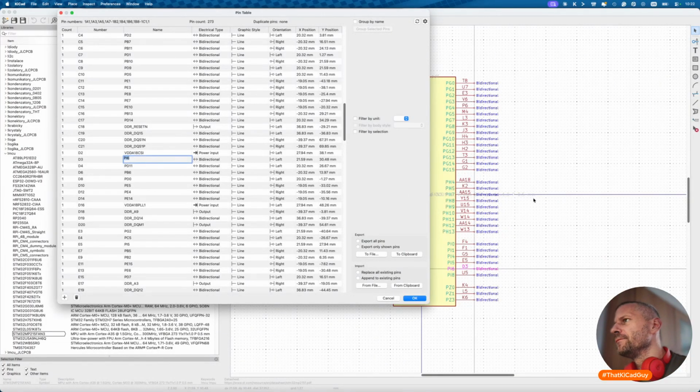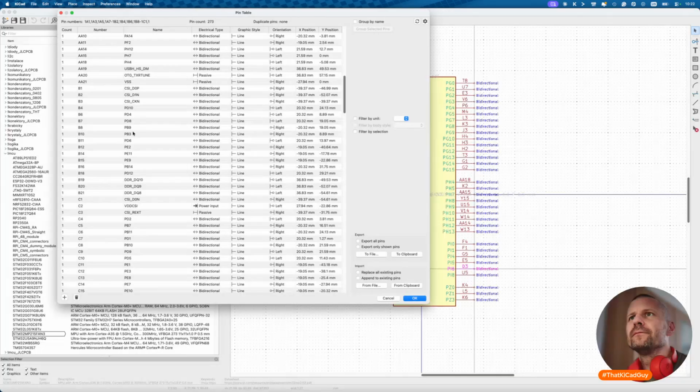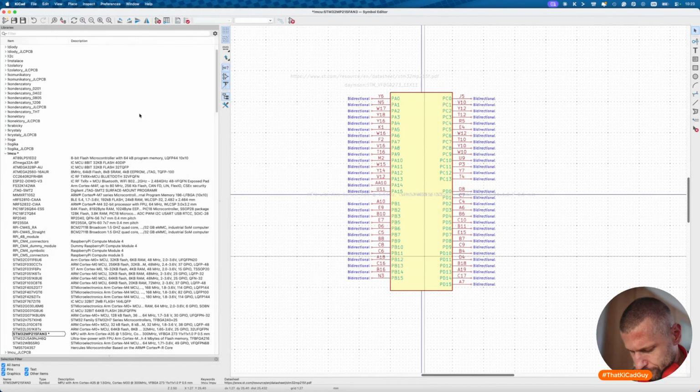PI6. Here, PI6. So D3 is PI6. B6 is PD4.